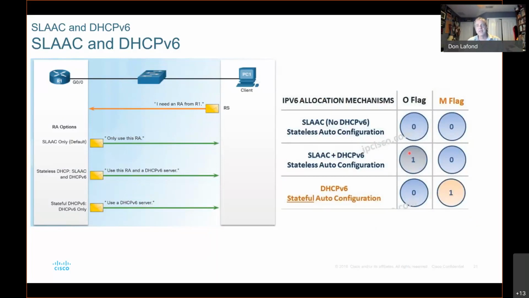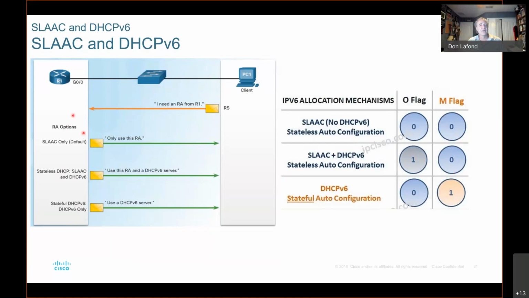If only the other flag is set, and whenever the manage flag is not set, this is stateless. This is stateful. So what happens is the router solicitation is sent from the client out to the world.